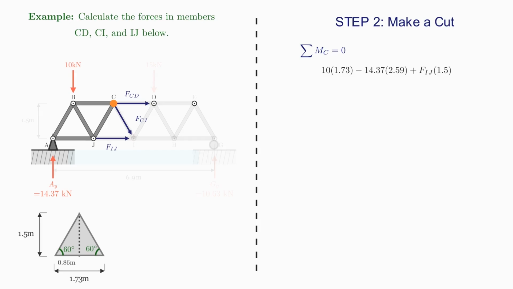So it's 1.5 meters away from C in the vertical direction. And all of these add up to 0. So rearranging and solving, I get that FIJ is 13.29 kilonewtons.